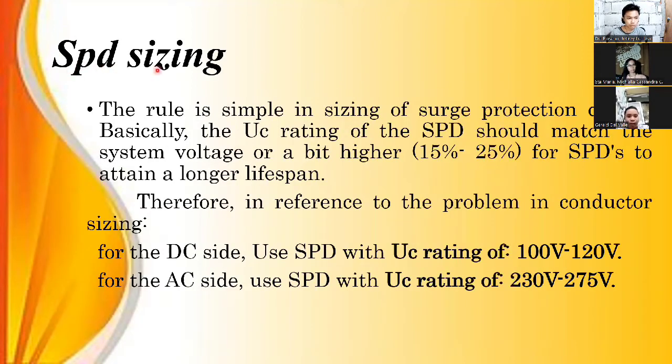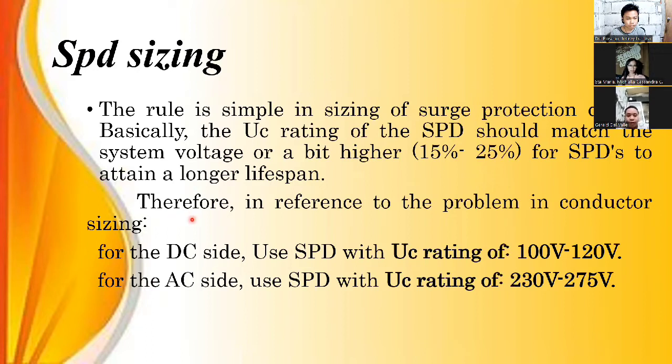So SPD sizing. The basic rule in sizing a surge protection device is that the UC rating of the SPD should match the system voltage or be a bit higher, by 15% to 25%, for the SPD to attain a longer lifespan.